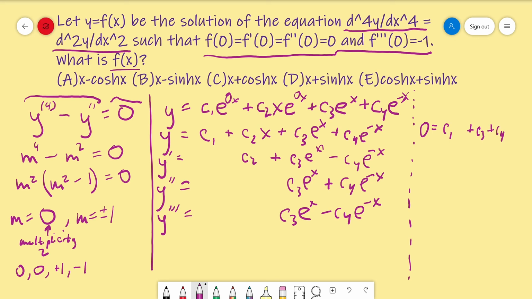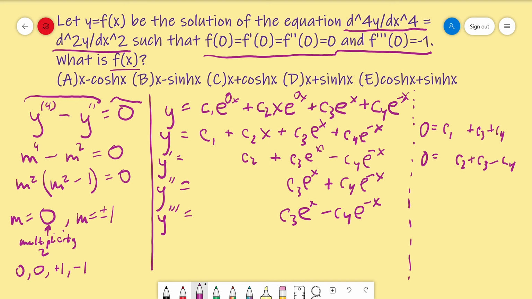Y prime of 0 is 0 equals C2 plus C3 e to the 0, that's just C3, minus C4 e to the 0, that's just C4, minus C4.